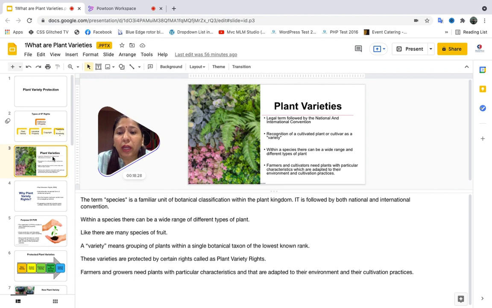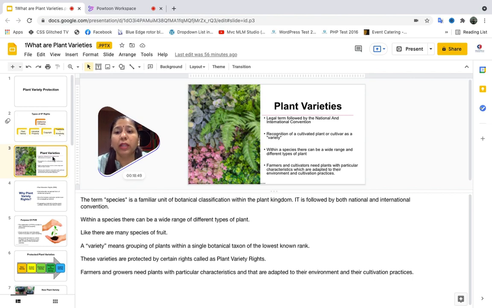Now, before learning about plant variety protection, we should know what plant varieties are. The term species is a familiar unit. We all know that it is a botanical classification. For example, if I say I have many different species of fruits, that would include mangoes, apples, bananas, oranges, all sorts of fruit.